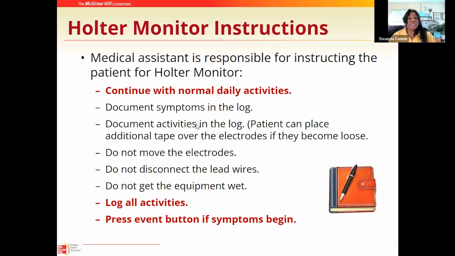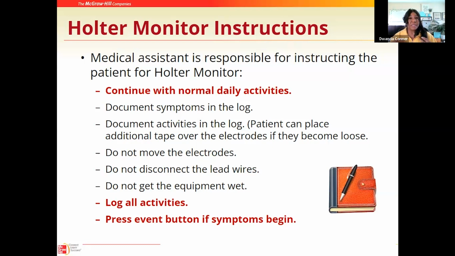Here are the instructions for a Holter monitor. And we're going to instruct our patients to continue with their normal day-to-day activities. As I shared earlier, document any symptoms that occur in their log. Document activities in the log.